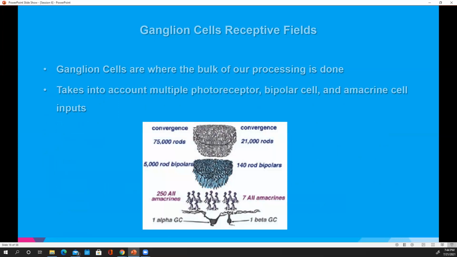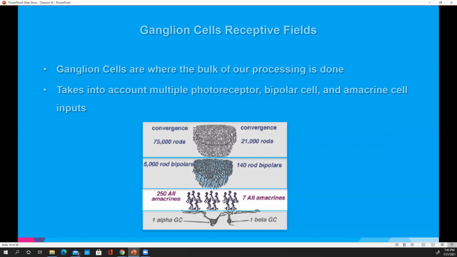Here's a view of the convergence. This is not human, but you can have a situation where you have 75,000, let's say rods, or 21,000 rods in one case, and then you have 5,000 rod bipolars, 250 amacrine cells that deal with those rod bipolars. And then this all comes down to one ganglion cell.